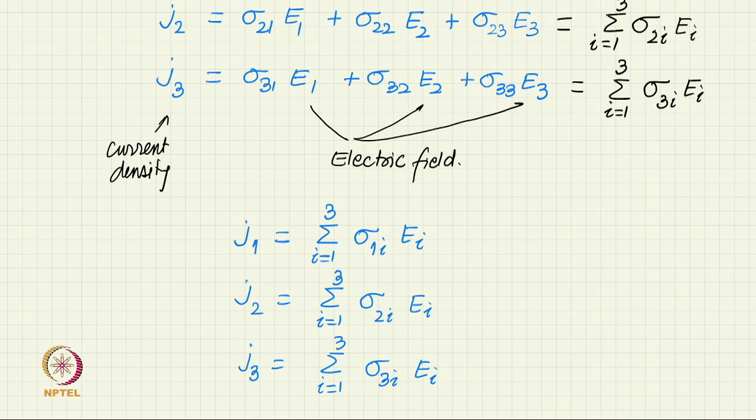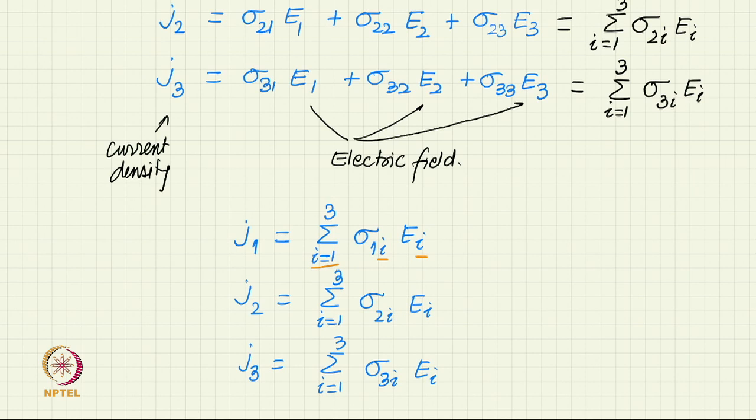Now, Einstein observed and introduced a new notation for further simplifying this. He looked at the right hand side term, and you find that the summation is over I, and I is the subscript which is repeating in the right hand side term. One is a fixed index, where I is a repeating index, and the summation is on the repeating index.